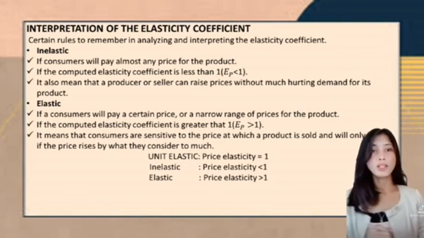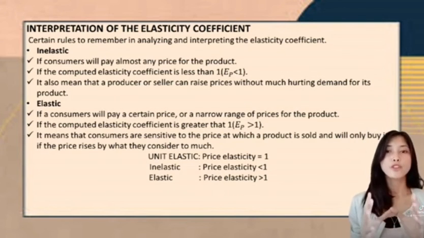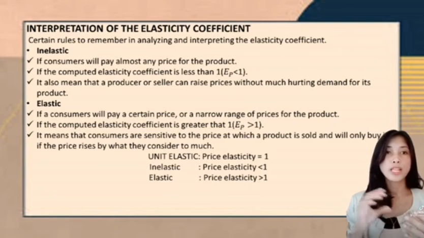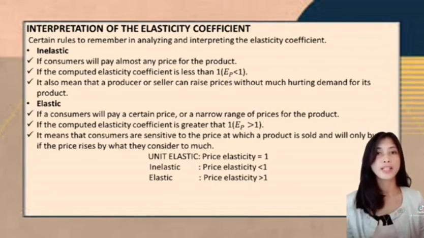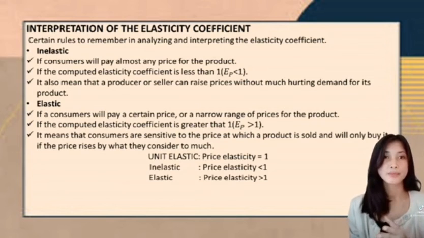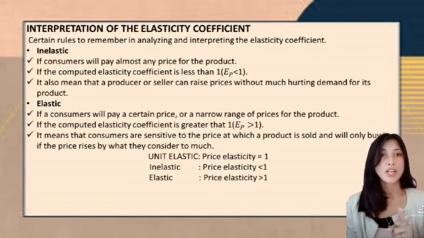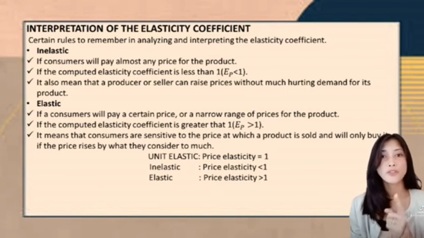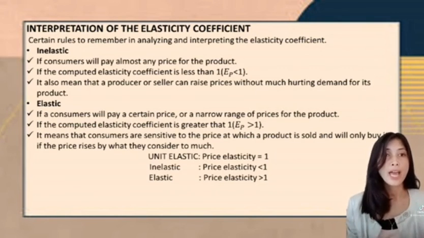So, inelastic: consumers will pay almost any price for the product. Let's say for example, the price of gasoline increases by 1% and the quantity demanded only falls 0.2%, so we can say that the demand for gasoline is not very sensitive.